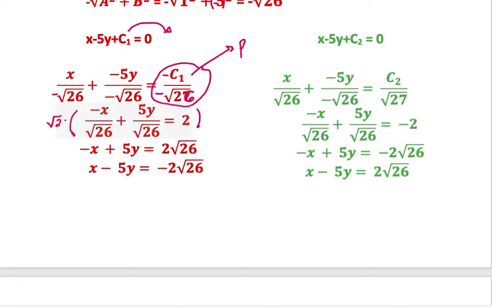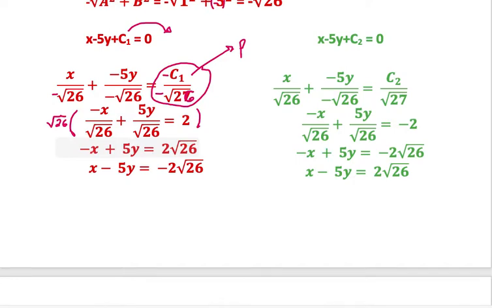Hindi pala negative. Square root of 26. So, cancel this out. Cancel this out. So, what is left? Negative x plus 5y equals, then square root of 26 times 2. That is 2 square root of 26.